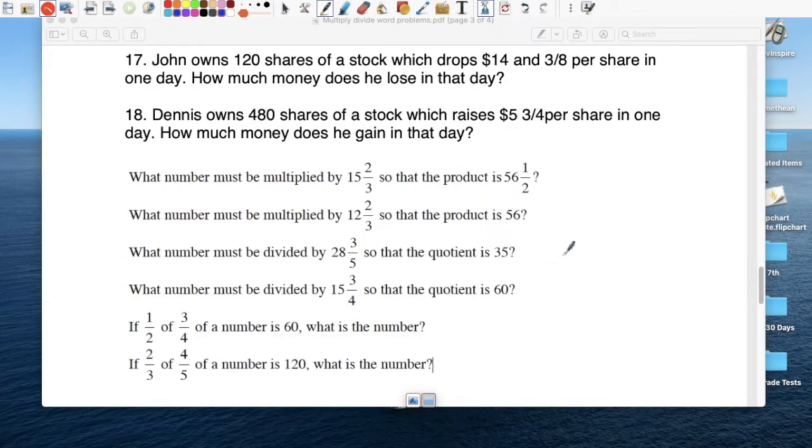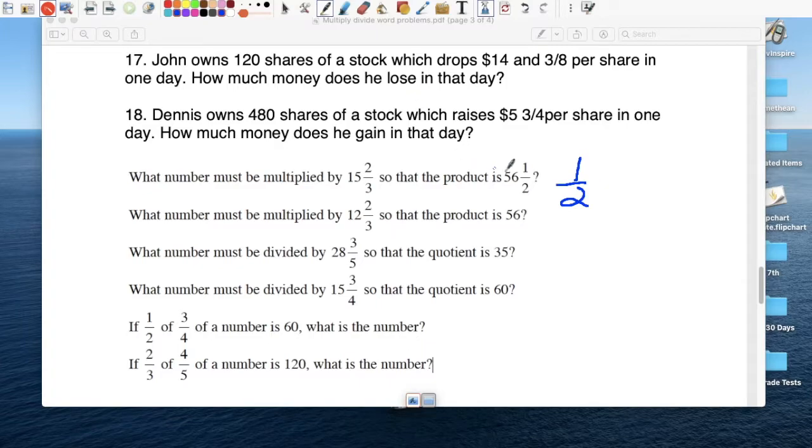Okay. Next one, if 1/2 of 3/4 of a number is 60, what is that number? So again, how do we write that as an equation? Remember when we were doing expressions last year, translating verbal expressions into equations.